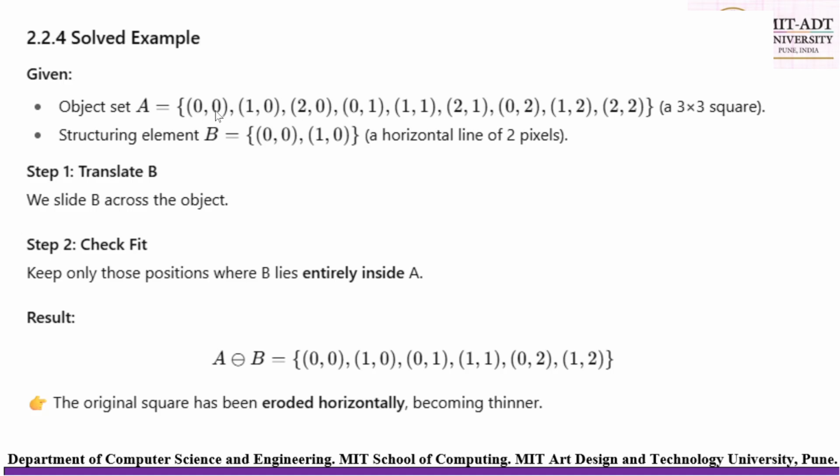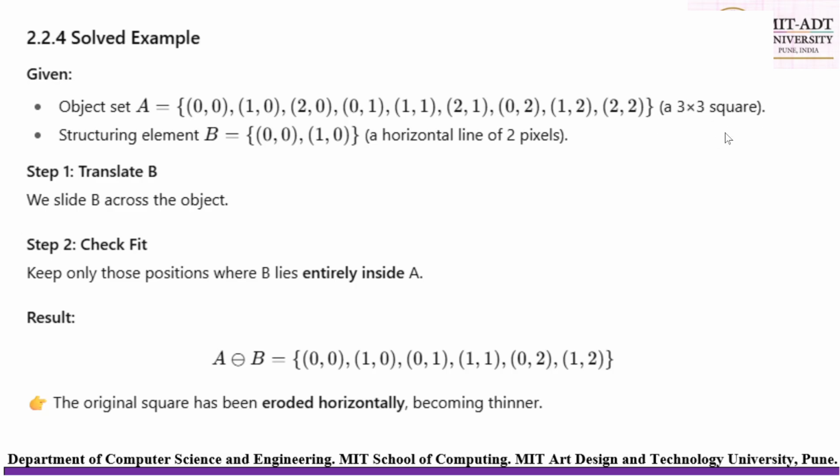Suppose I have the object set A denoted with these pixel positions: 0 0 has value 1, 1 0 has value 1, 2 0 has value 1, 0 1 has value 1, 1 1 has value 1, 2 1 has value 1, 0 2 has value 1, 1 2 has value 1, 2 2 has value 1.